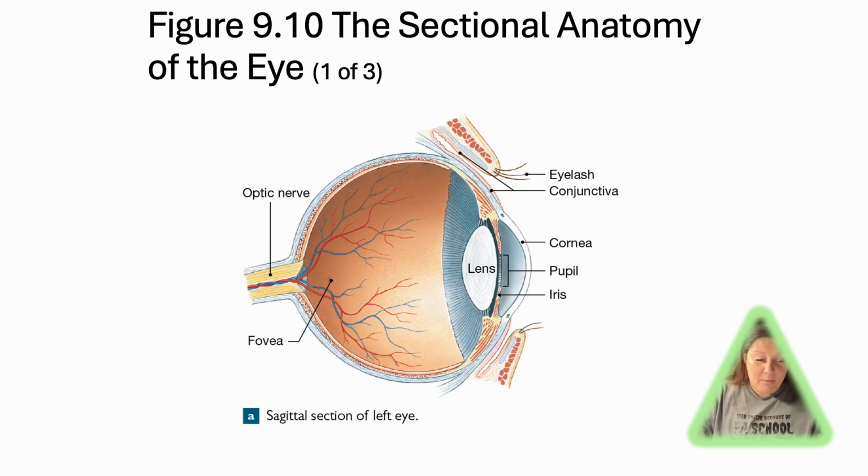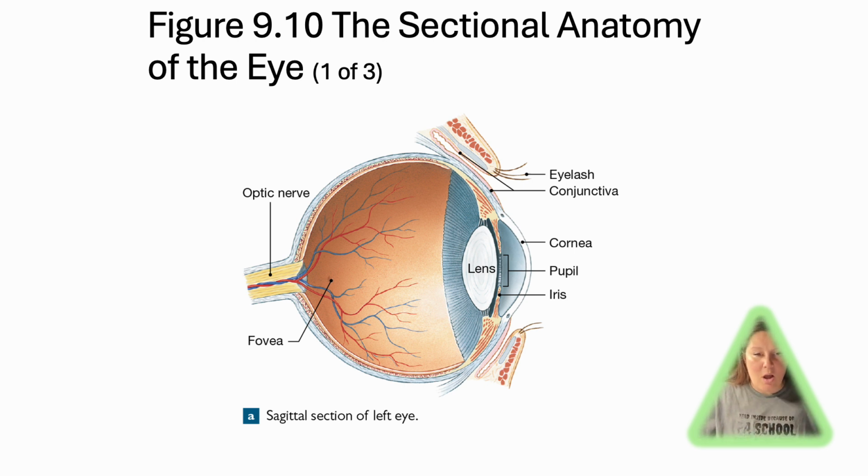So let's talk about the components of the eyeball, the structures that make up the eyeball. We have 3 layers because we love threes, right? And each of these layers are going to be one part in the posterior side, and they are going to become different parts in the anterior side.